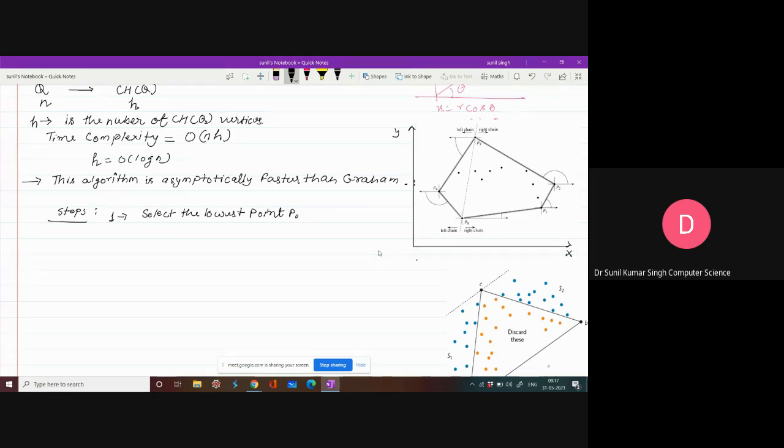And then after that, we have to find the next point which has the lowest polar angle with respect to P naught.